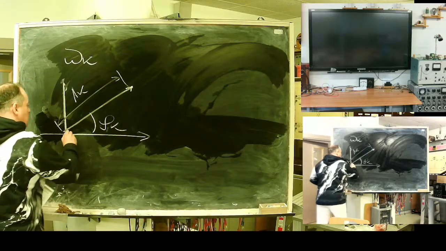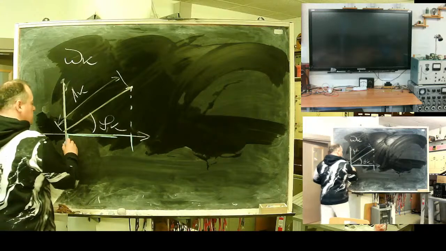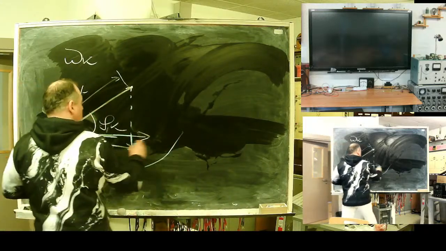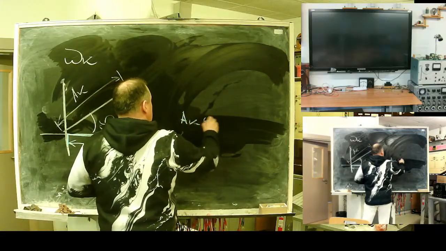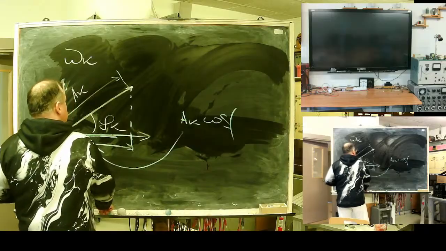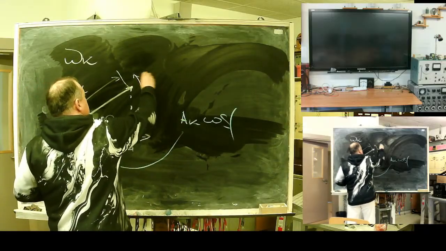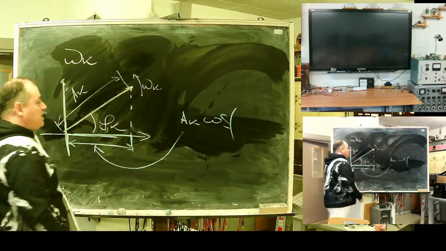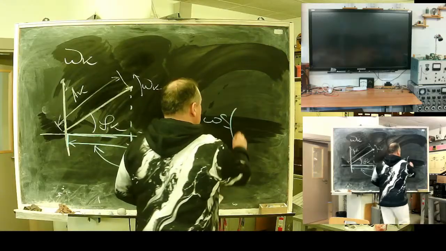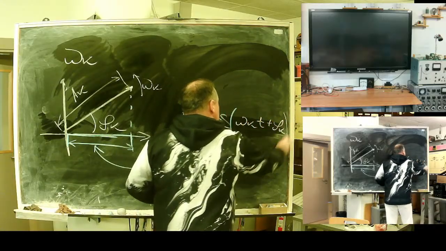This projection, this cosine projection, what's its magnitude? ak cosine of what? This vector rotates with the speed omega k. So here will be omega k t plus phi k.